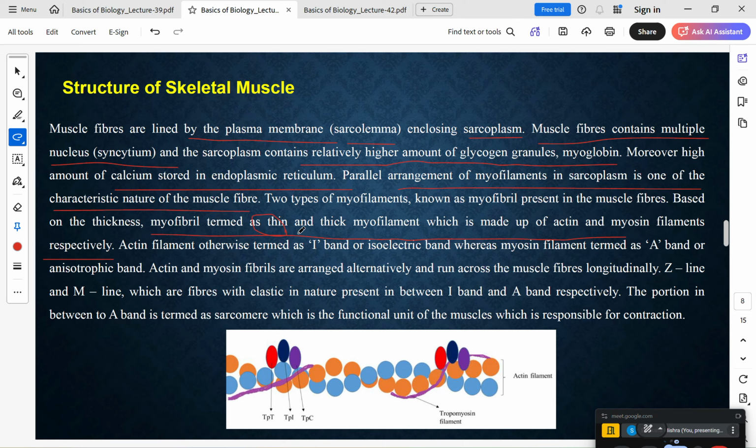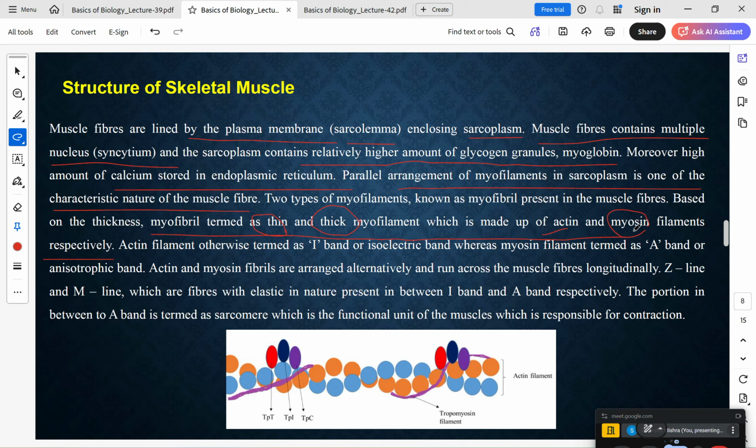So the thin filament is the actin portion of the sarcomere, whereas the thick filament is the myosin portion. Because the actin and myosin filaments are arranged in a certain way, there are different patterns that you see in sarcomeres.